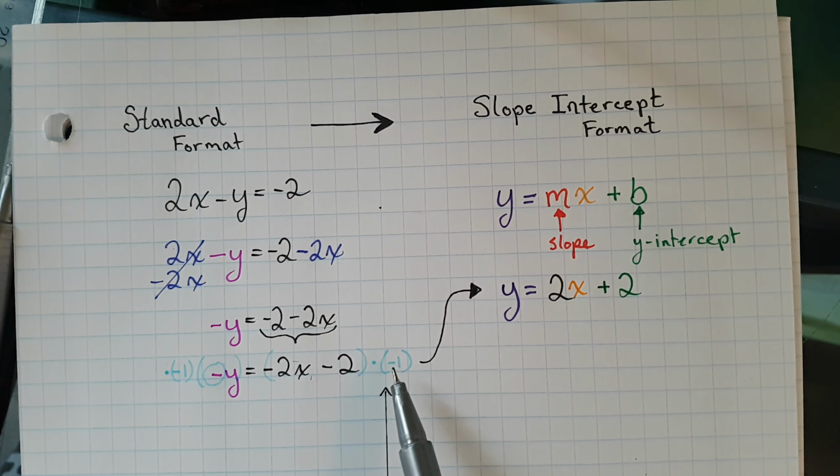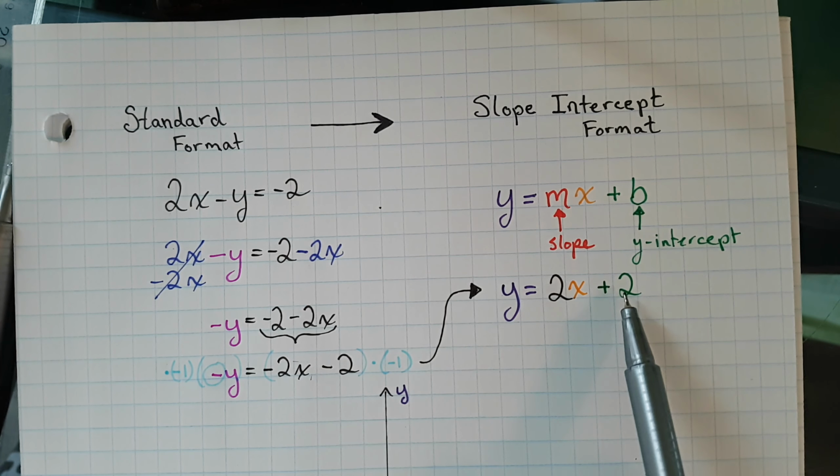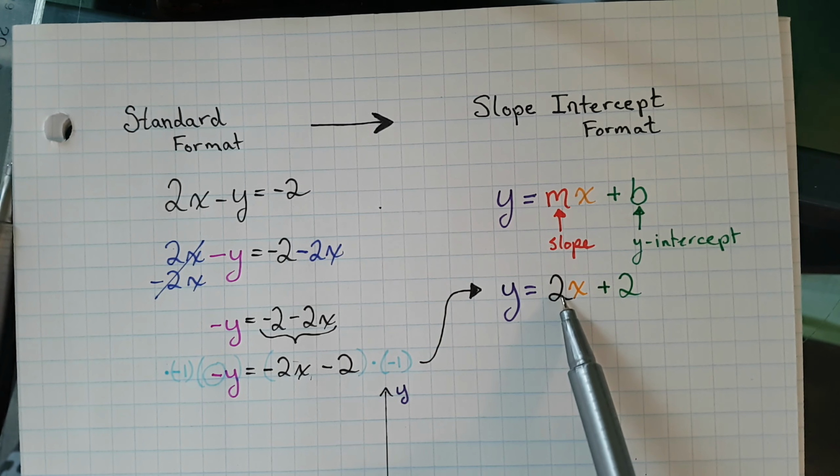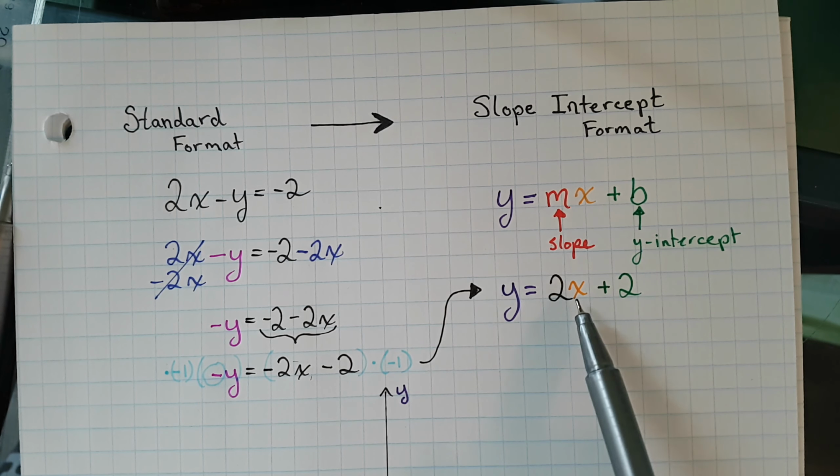Interestingly here, I have a minus 1 and I'm multiplying it through, so I take that minus 1 and I times that, and I get a positive 2. And I'm taking that minus 1 and timesing it by that 2x and getting a positive 2x again. So y is 2x plus 2.